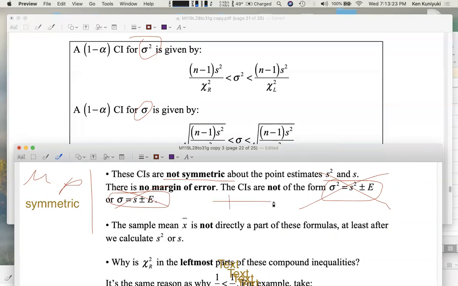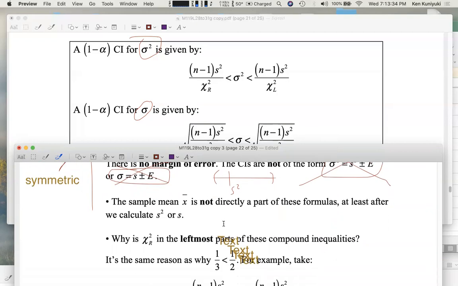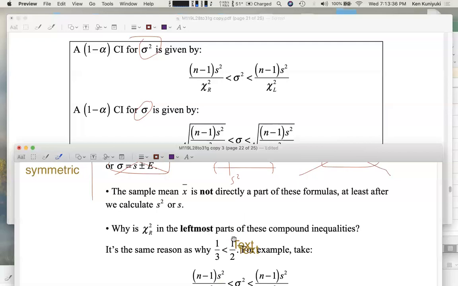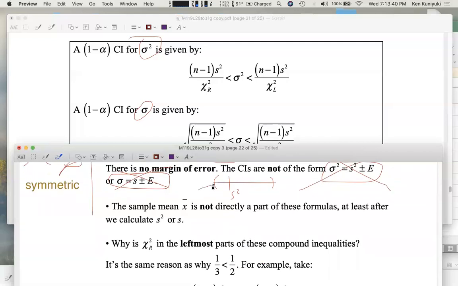Because, for example, maybe for the variance, maybe s squared is over here. The limits turn out to be here and here. Well, what would the margin of error be, right? We don't have symmetry, which means we're going to have to explicitly state a lower limit and an upper limit. There's no margin of error.